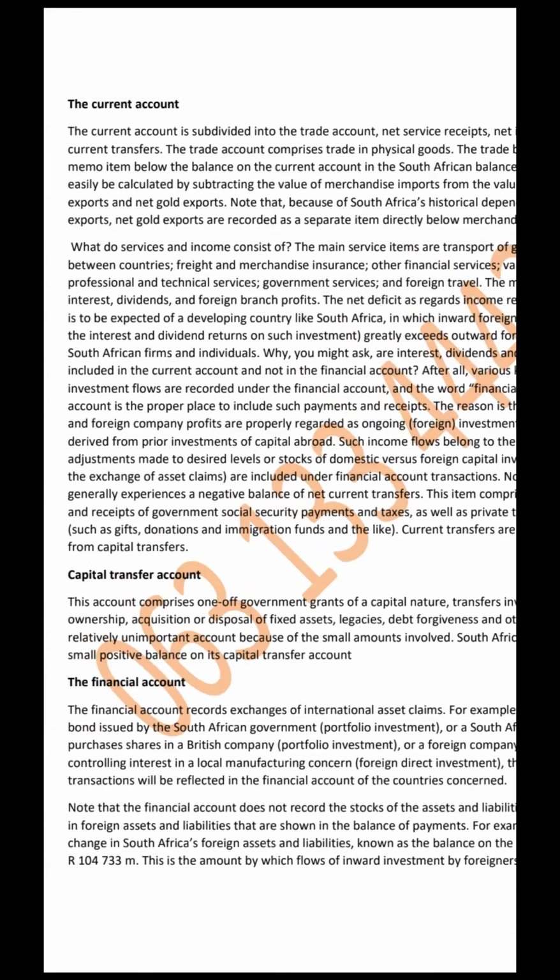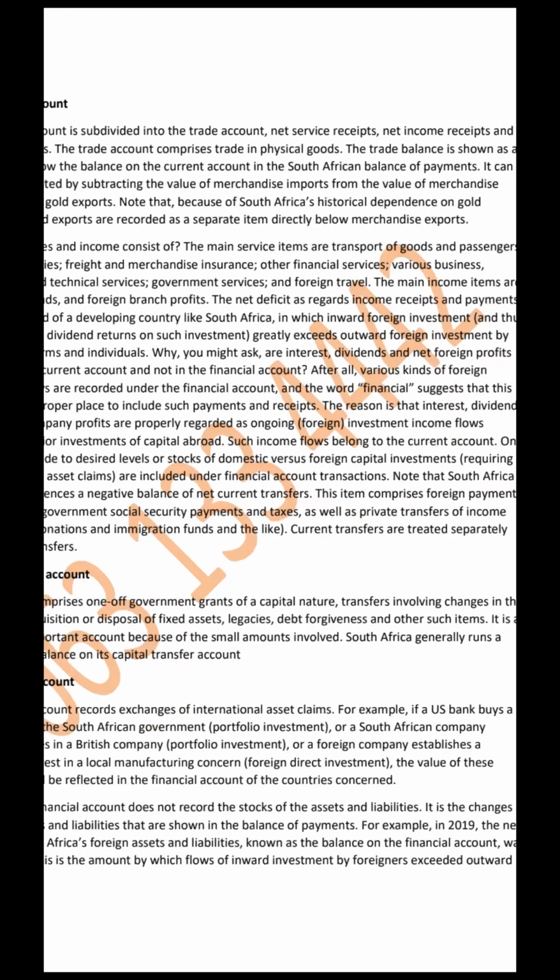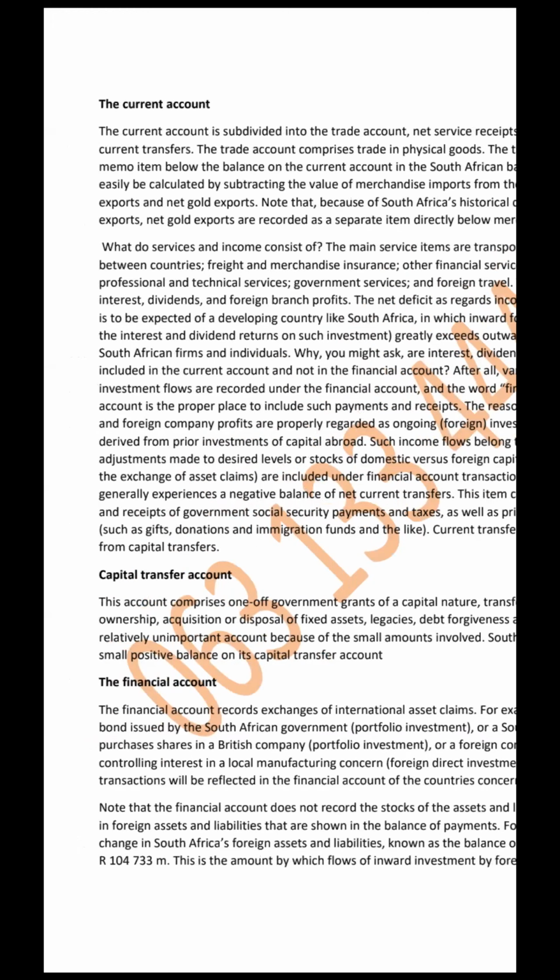If certain people or companies have invested here, say they bought shares on the JSE, or perhaps they bought shares in your company, at the end of the day you might want to pay them dividends. Sometimes they might even be getting a share of your profits, right? So when you make those payments, they are going to be recorded under the current account.